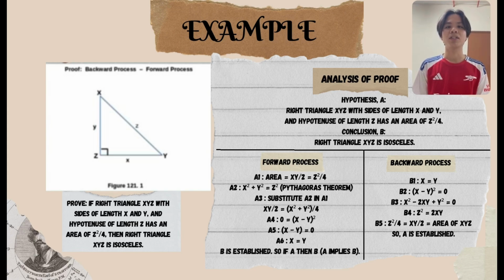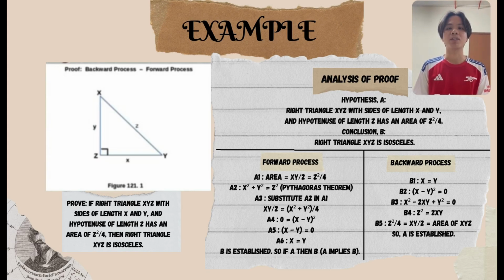First, we consider the forward process. From the hypothesis, area of XYZ equals z squared over 4. Using the area formula of a right triangle, 1/2 xy equals z squared over 4. Next, using the Pythagorean theorem, z squared equals x squared plus y squared.